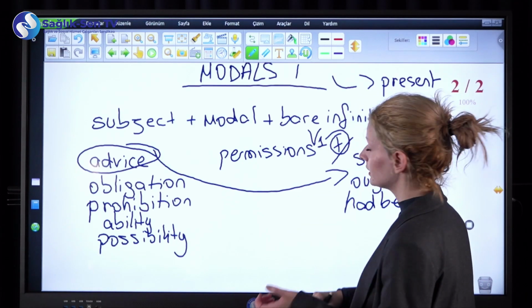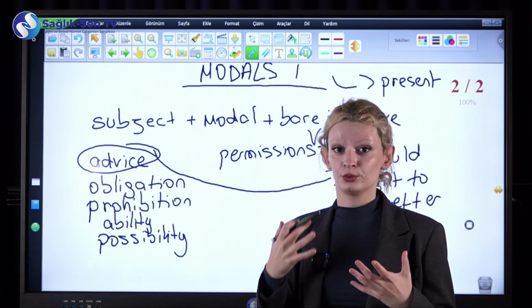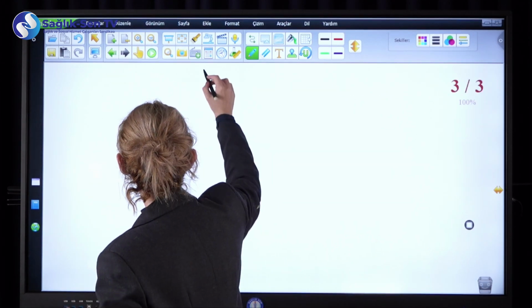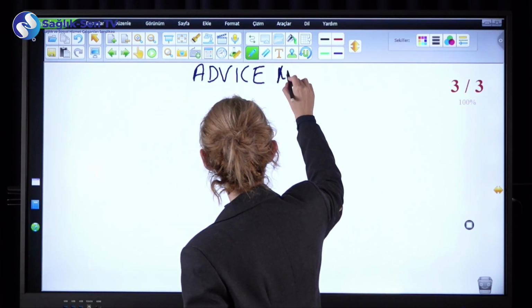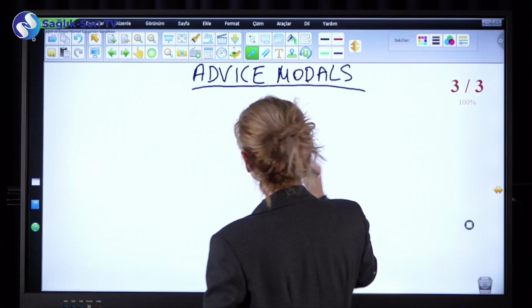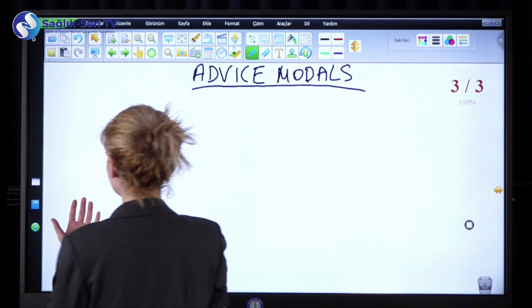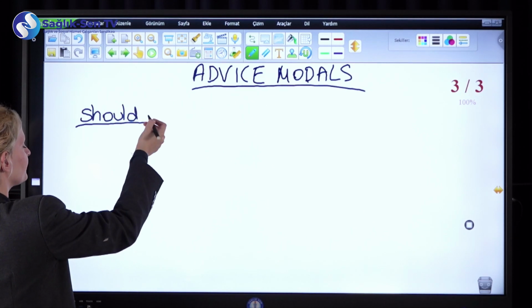These are the positive, affirmative ones when we are advising someone. So let's start with advice modals. The most common and the most used one, as you can guess, is should.